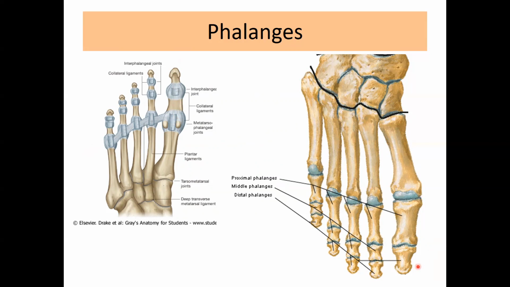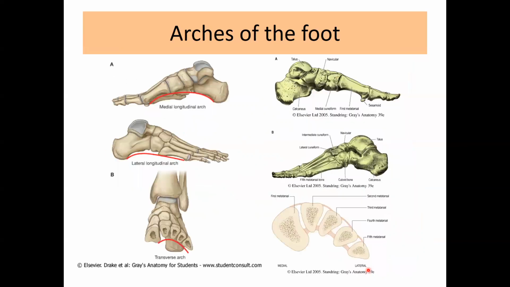There are two phalanges only for the big toe, a proximal and a distal, while the rest have an additional middle phalanx. So the big toe has proximal and distal phalanges, and the rest of the toes have proximal, middle, and distal phalanges.